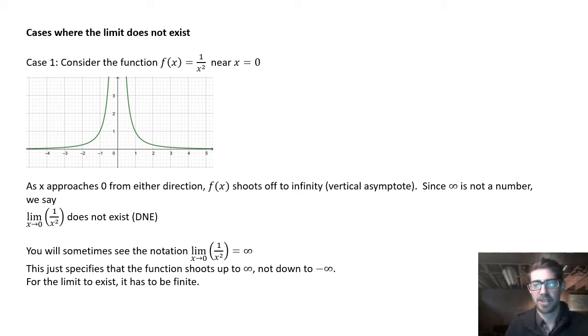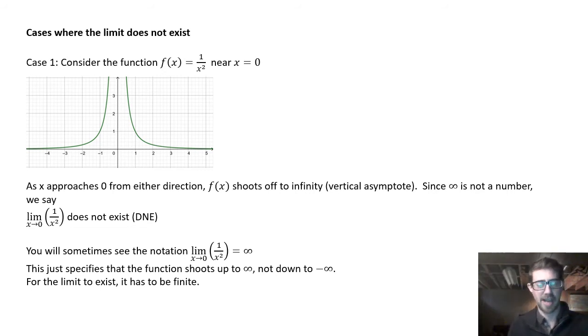That still doesn't mean that the limit exists. The limit has to be a finite number. So I'm sorry that that's confusing, but all this notation does is it specifies that this function in fact shoots up coming from either direction.